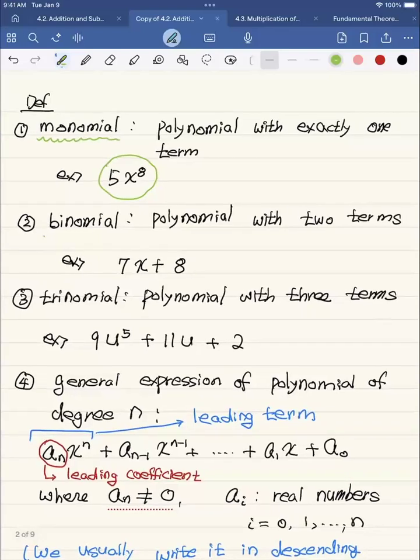When we say binomial, binomial is a polynomial with 2 terms. In this example, there are 2 terms, so this is binomial. Each of them is called a term.